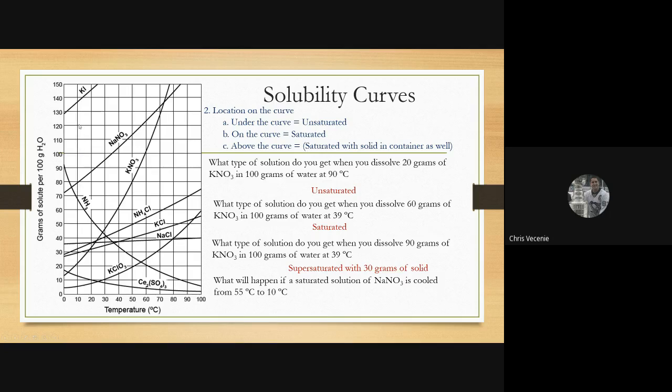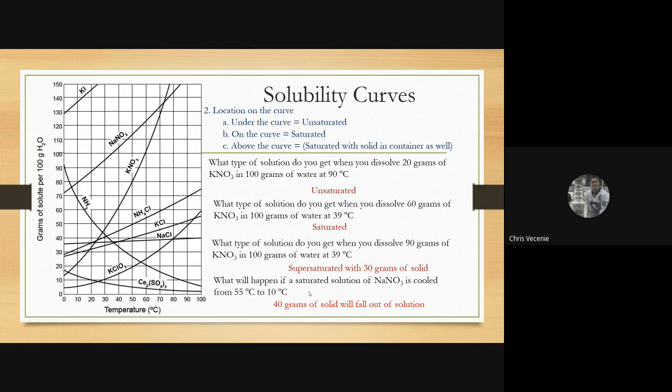And if I have a saturated solution, it was maxed out at 120, and I cool it down, now it can only hold 80. What happens is the solid it can't hold falls out of the solution. And it's really cool if you see it happen. You have this beaker that basically looks like it has water in it, and then all of a sudden, out of nowhere, as you cool it off, snowflakes show up in it.